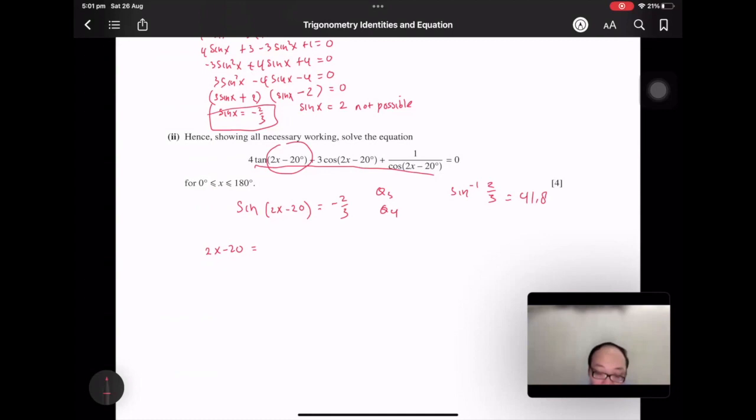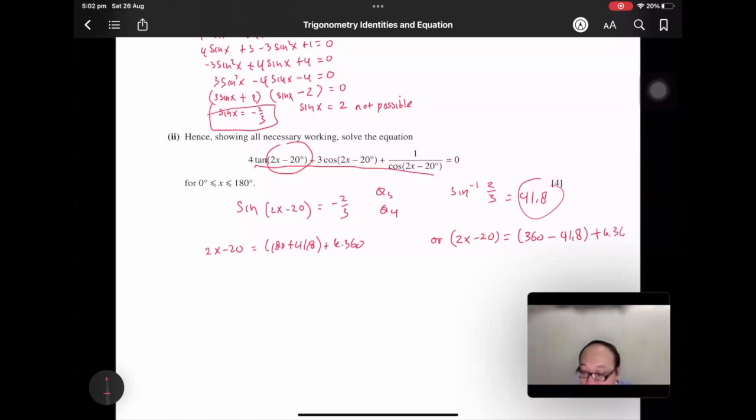So that means this will be equals to 180 plus 41.8 for the quadrant 3 plus k times 360, yeah, plus the period. On the quadrant 4, I will have 360 minus 41.8, and it's this value, plus k times 360.